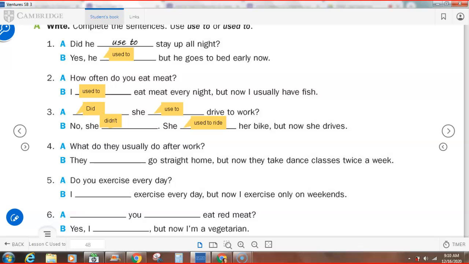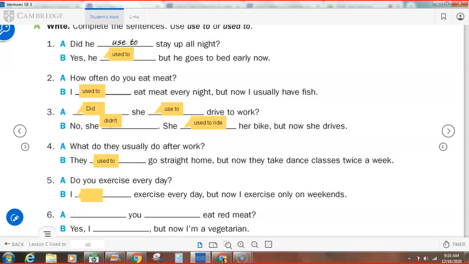But now she drives. What do they usually do after work? They used to go straight home, but now they take dance classes twice a week. Do you exercise every day?